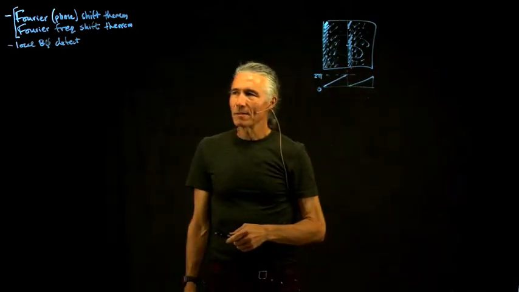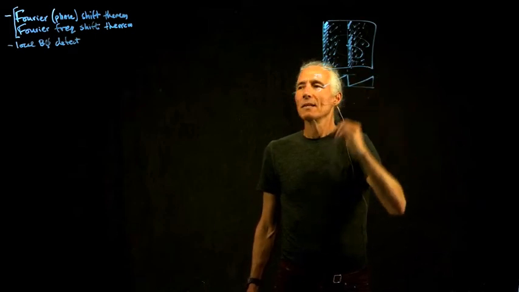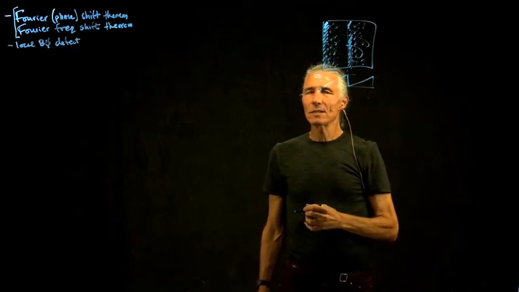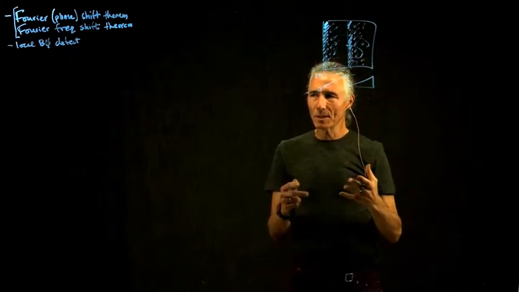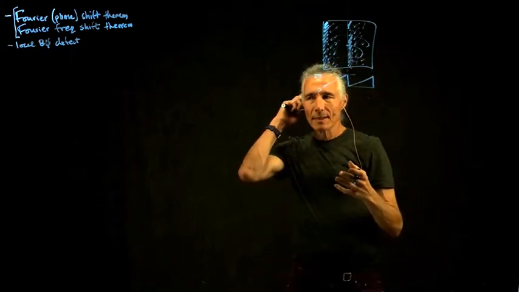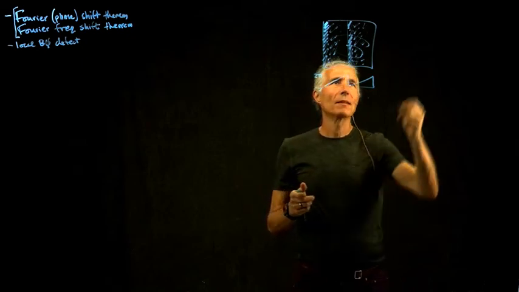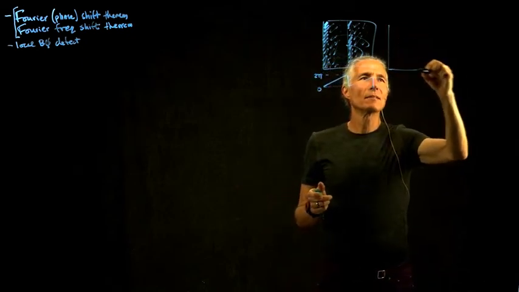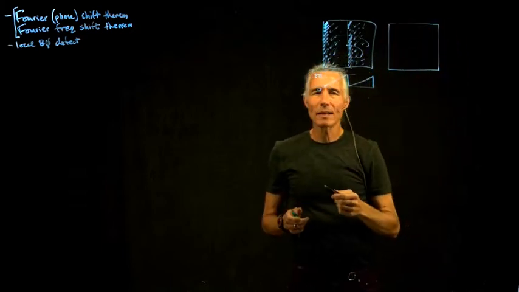Now, in fact, there was a phase shift. And what caused the phase shift? Well, it could have just been that the B0 was misestimated. So if we misestimate the B0, then what's going to happen?